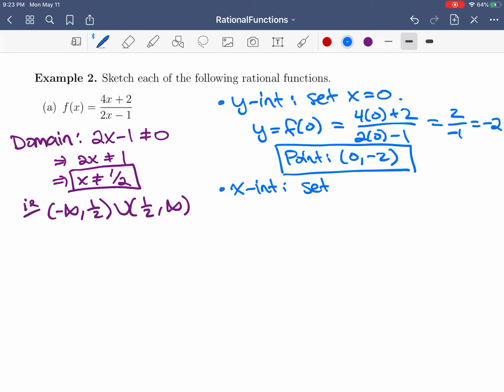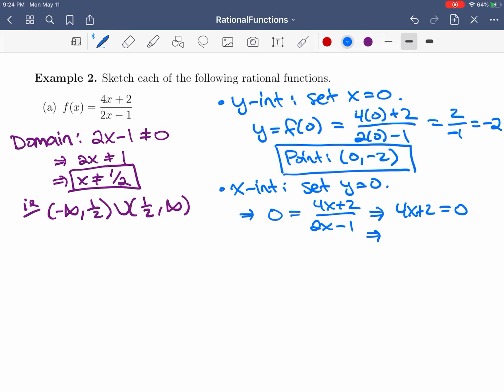Now, the x-intercept is a bit harder. We want to set y equal to 0. So that means 0 is equal to 4x plus 2 over 2x minus 1. Knowing when a fraction is equal to 0 is something we're going to use quite a lot. When you have a fraction equaling 0, it is 0 when the top is 0, and we need to make sure the bottom isn't 0 at that same point, because then it wouldn't be in the domain.